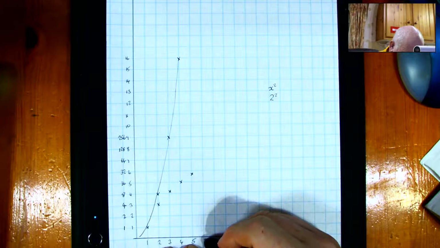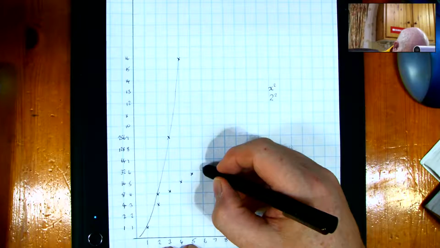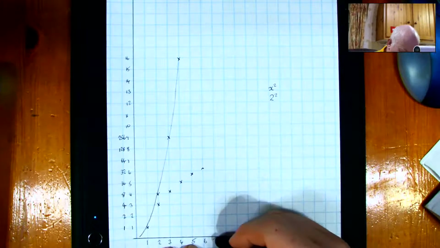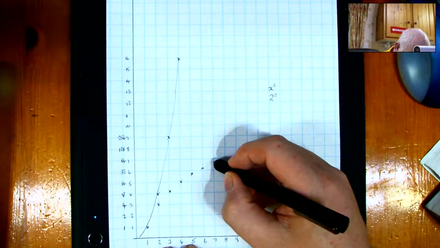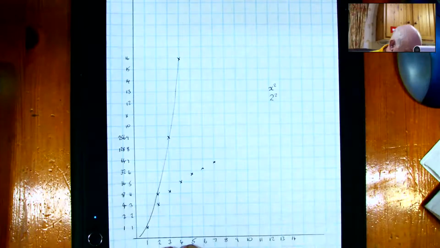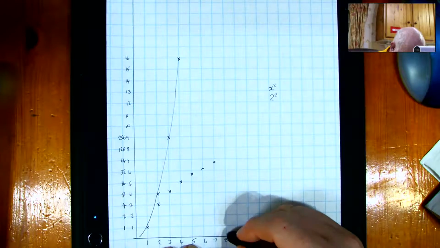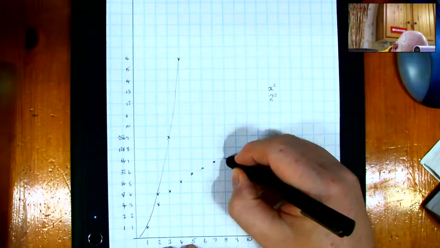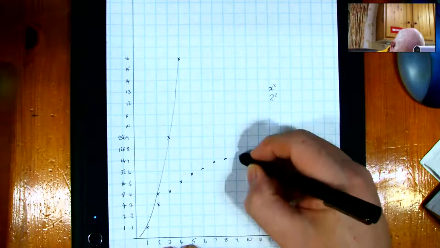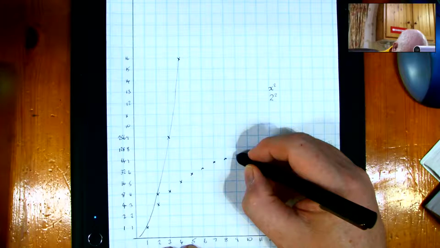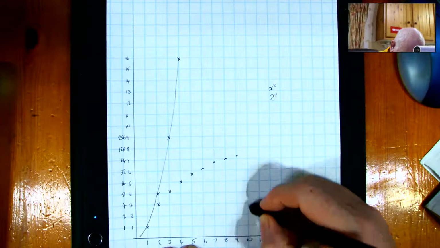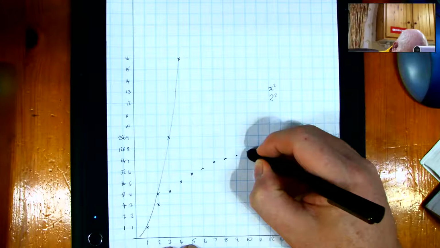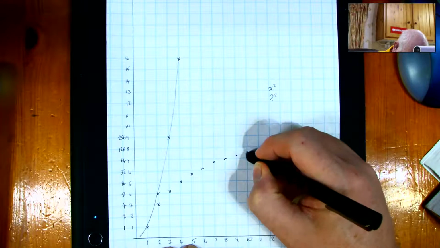And 6 6s are going to be 36, just barely over the line. 7 7s are going to be 49. It's got to be somewhere around there. And 8 8s are 64. 9 9s are 81. And then 10 10s are 100. Yeah, it's got to be somewhere around there.